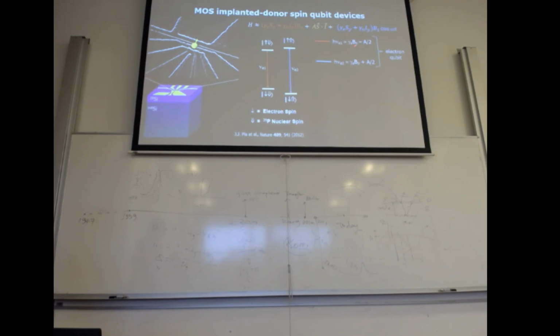One is the bare electron spin resonance frequency minus half the hyperfine, the other plus half the hyperfine. You can see it already happening here: now we have a conditional pulse that we can apply. So conditional on the state of the nuclear spin, we need to apply a different drive frequency.